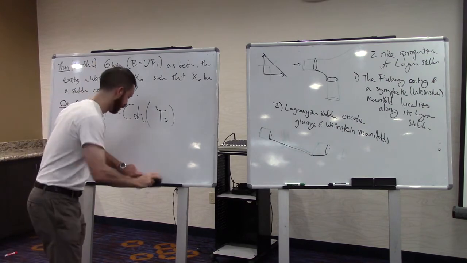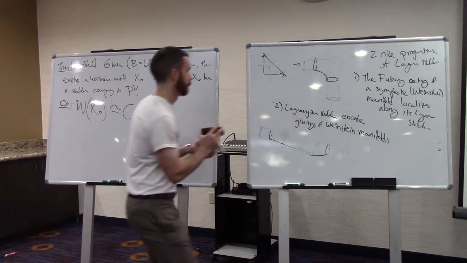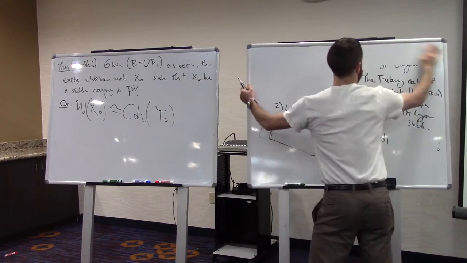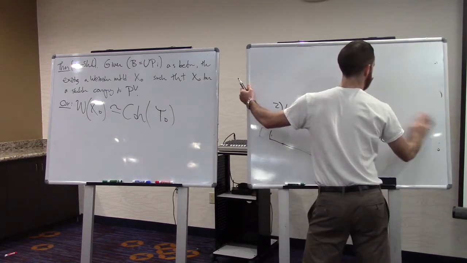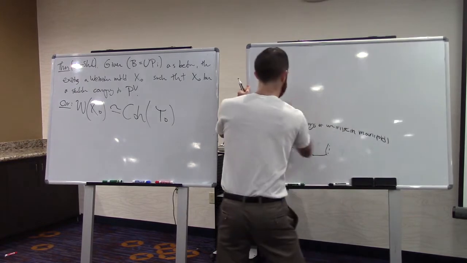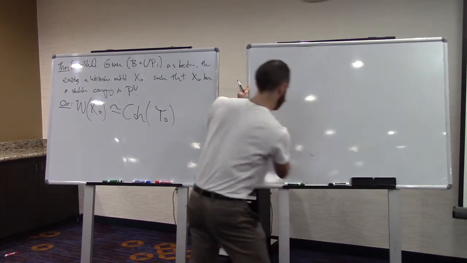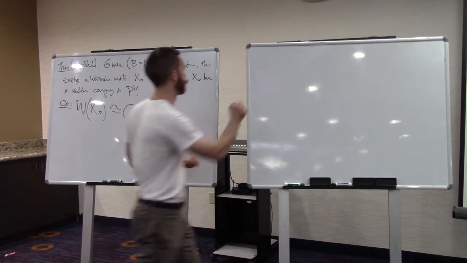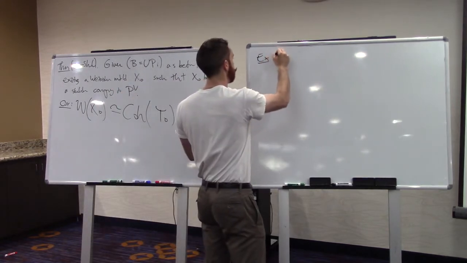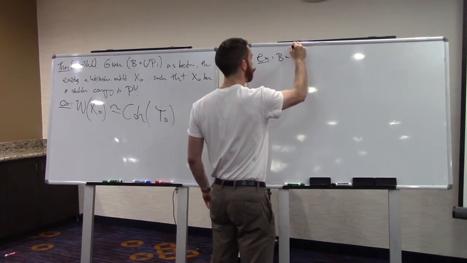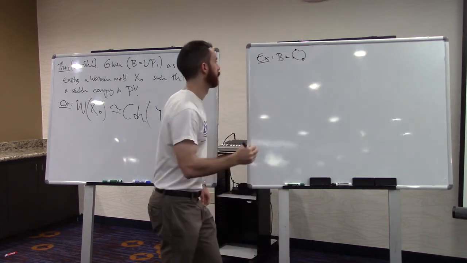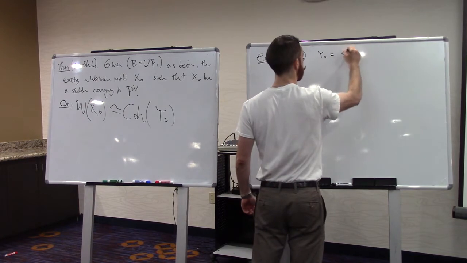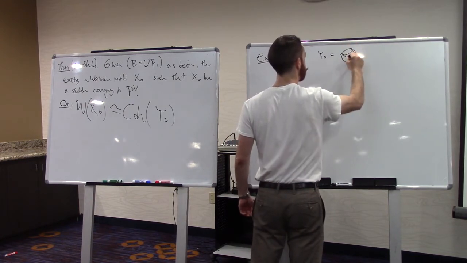So maybe I go back to the one-dimensional case again and explain what this construction of X0 was. So let me do an example first, though. Example, B equals this, as before. Then we saw that Y0 was equal to three P1s, like this.